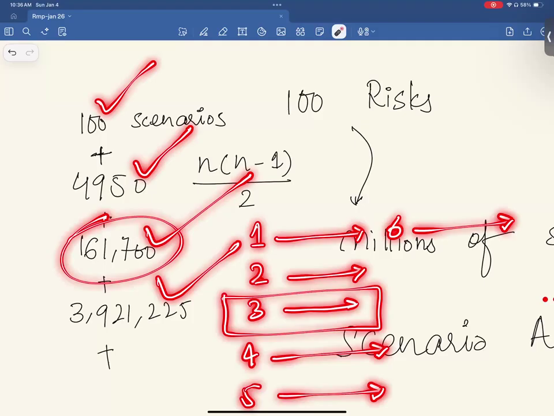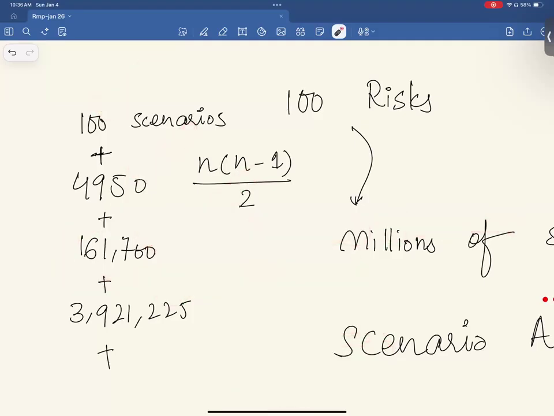Sir, I have one question regarding these scenarios. What I understand is we have an individual risk, right? Then we do the qualitative analysis of that risk, and based on that we see its priority number, for example five, six, whatever.